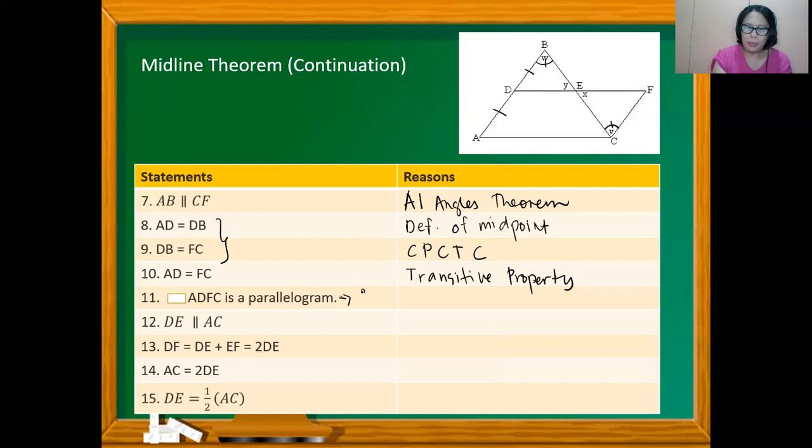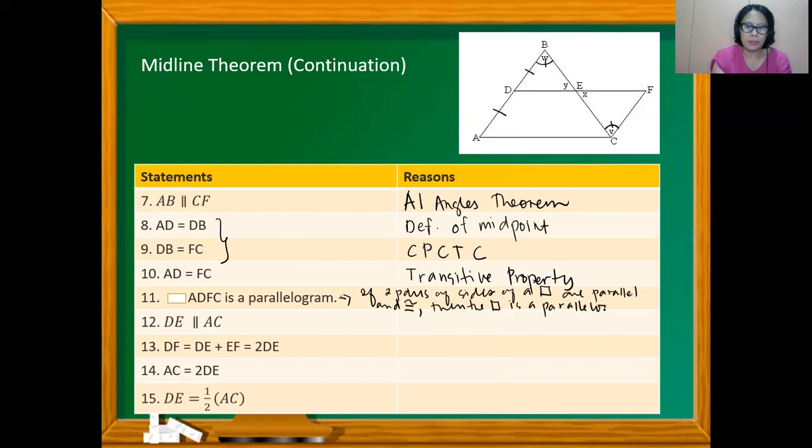Now, if two pairs of sides of a quadrilateral are parallel and congruent, then the quadrilateral is a parallelogram.